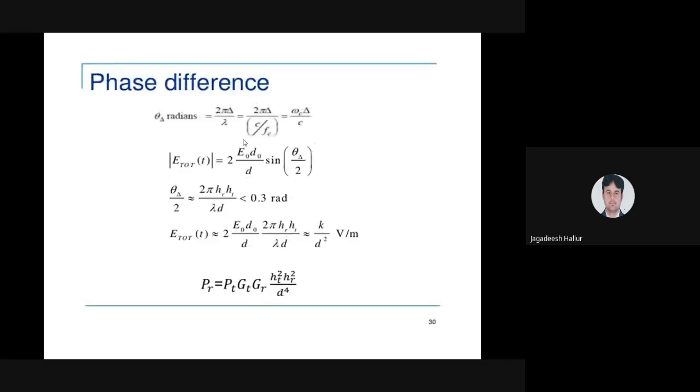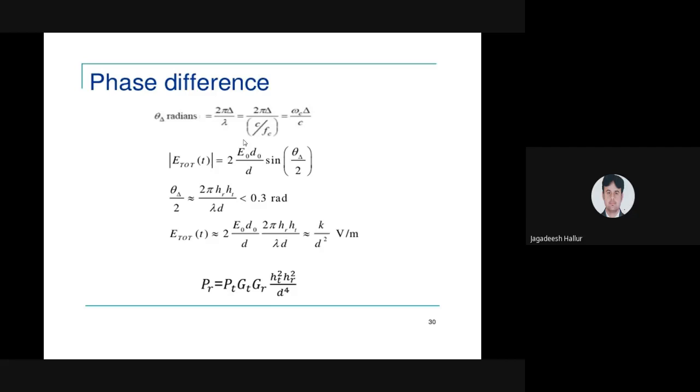Once you have calculated the path difference, you have to calculate the phase difference, that is theta. This phase angle depends on the path difference.